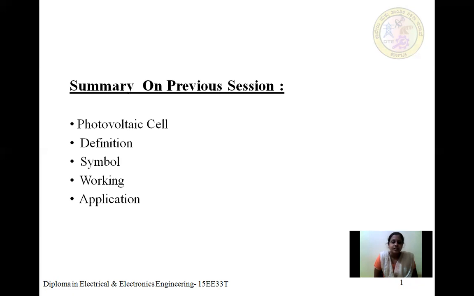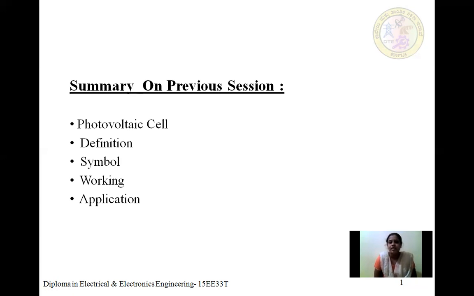The first one is it has a high cost of installation. The second is it has low efficiency. The third one is that on a cloudy day, the energy cannot be produced and also at night we will not get solar energy. These are some of the disadvantages of photovoltaic cell.